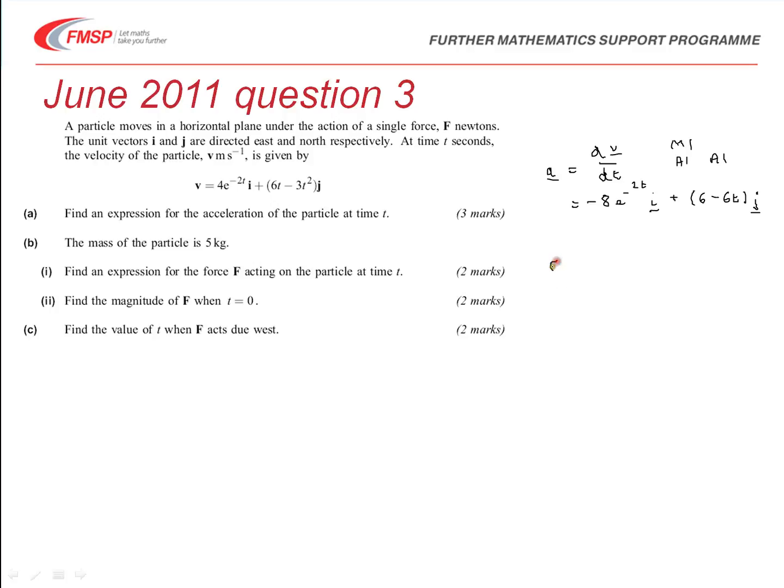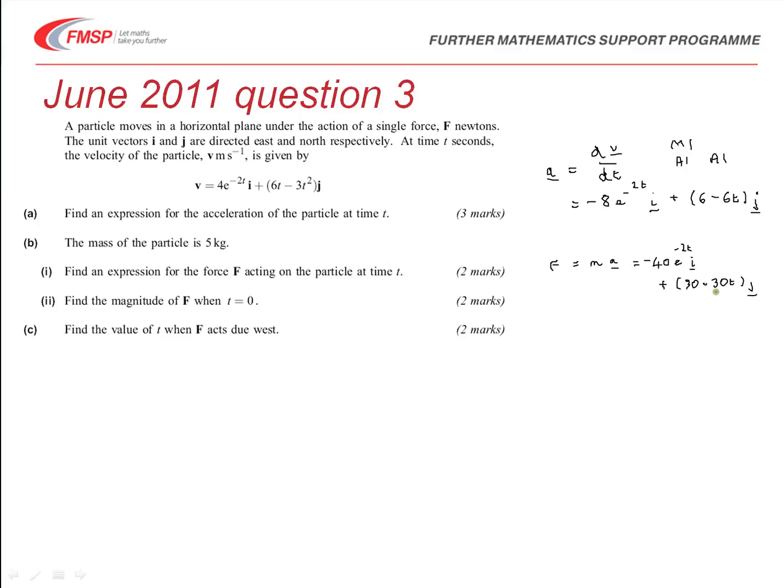We know that force is mass times acceleration, so we multiply our acceleration by the mass of 5 kilograms, so we get minus 40 e^(-2t) i plus the j part multiplied by 5, which gives us 30 minus 30t, j.